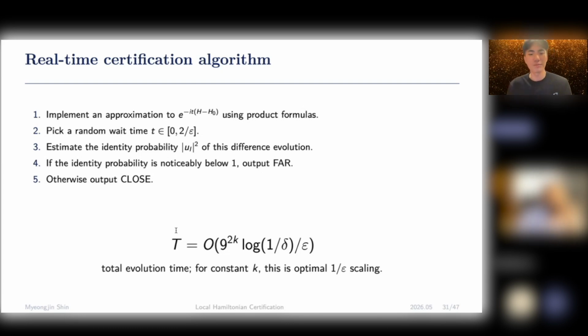So yeah, we can just Bell sample from the time evolution of delta H, and we can certify the Hamiltonian. So if we calculate it, the total evolution time becomes like this. So if k is a constant, this will be 1/epsilon. So we achieved our goal.